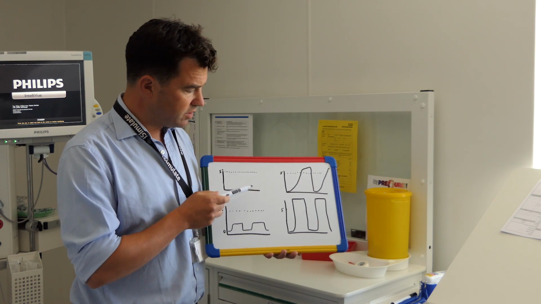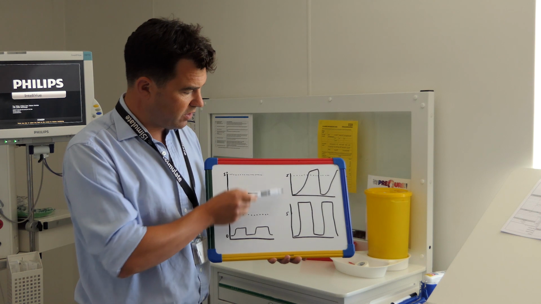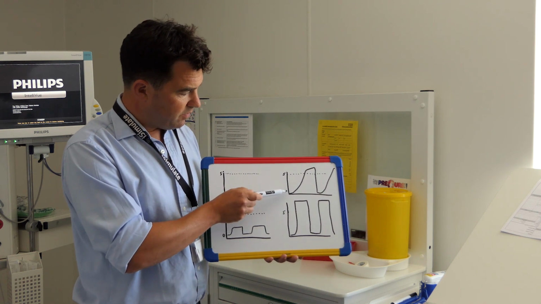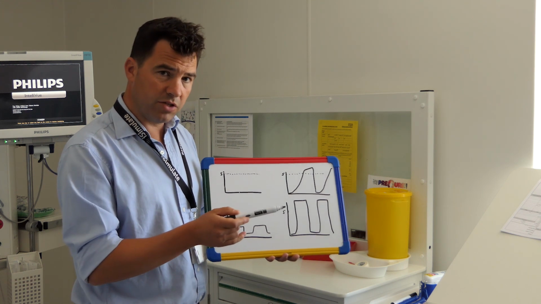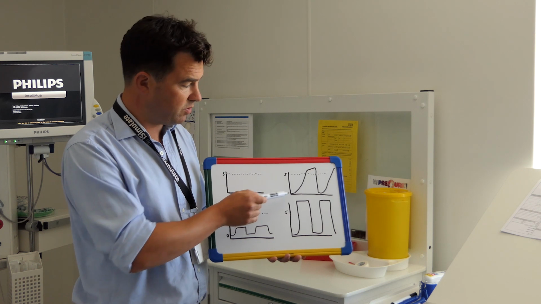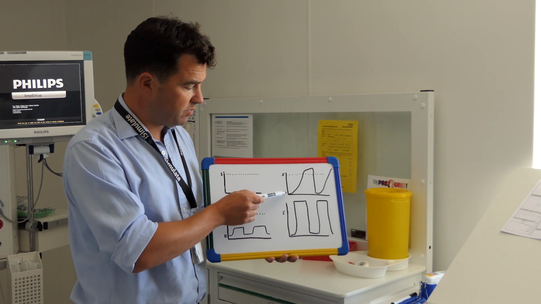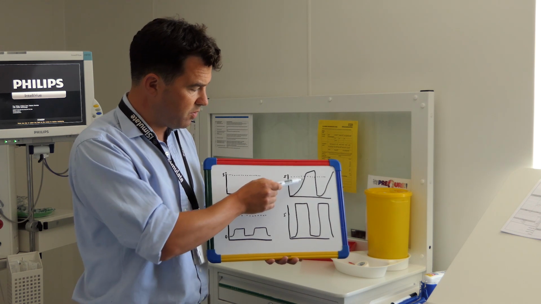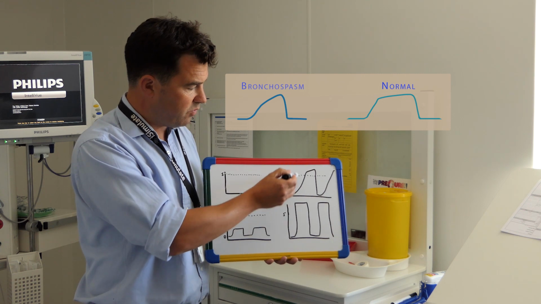The other traces that are worth mentioning are here on the side, and hopefully you can see the differences. This is 5 at the top here. The first trace is in the bronchospastic patient. This is something you may not see very commonly, and it may be a bit over-diagnosed because we do see it with people intubated. Again, there may not be much you want to do in the management, but recognise that this slow upstroke is very different from a normal trace, which would be a more rapid upstroke.